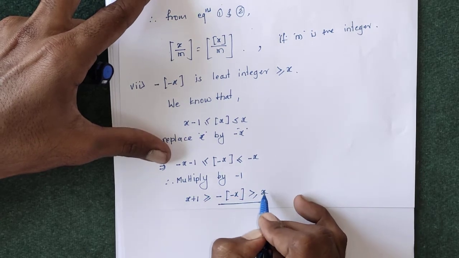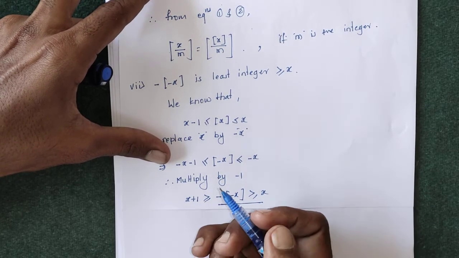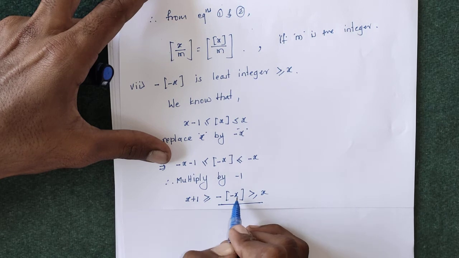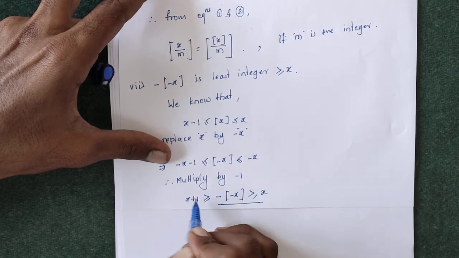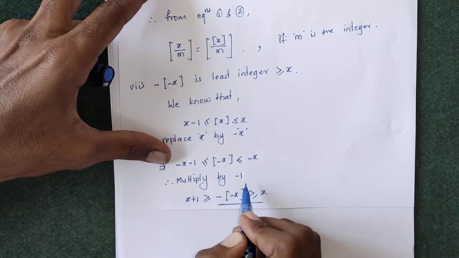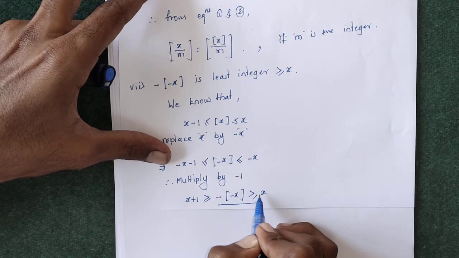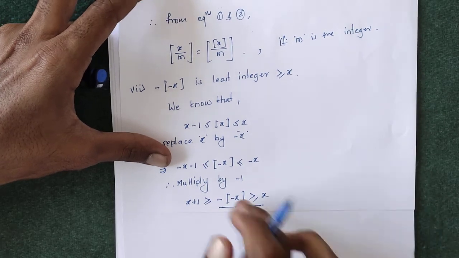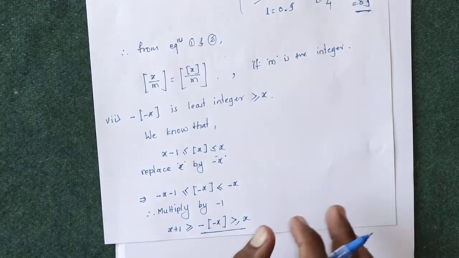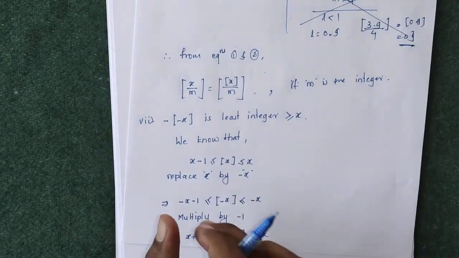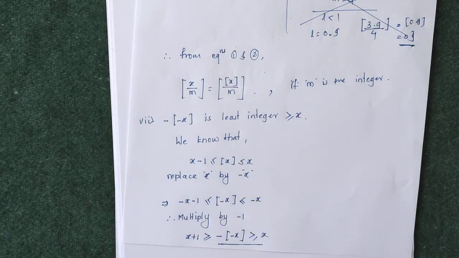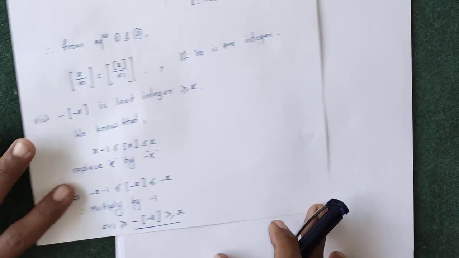After x plus 1 is the next integer, so this lies between x and x plus 1. So it must be the least integer which is greater than or equal to x. Hence our result is proved. Any property among these 7 properties may be asked for 2 marks in the university examination.